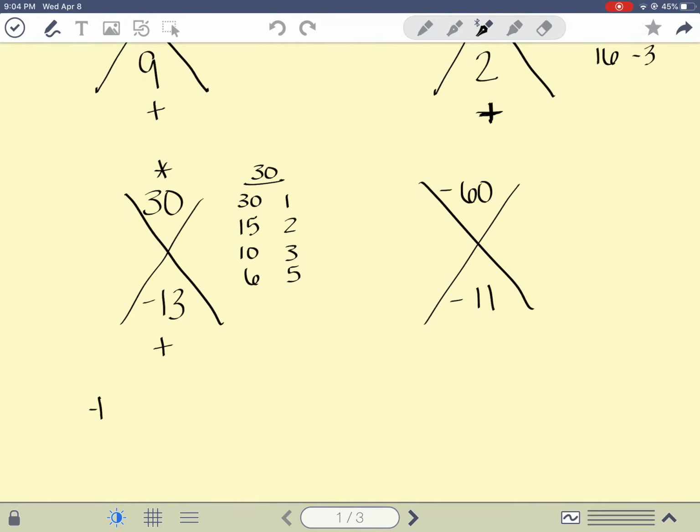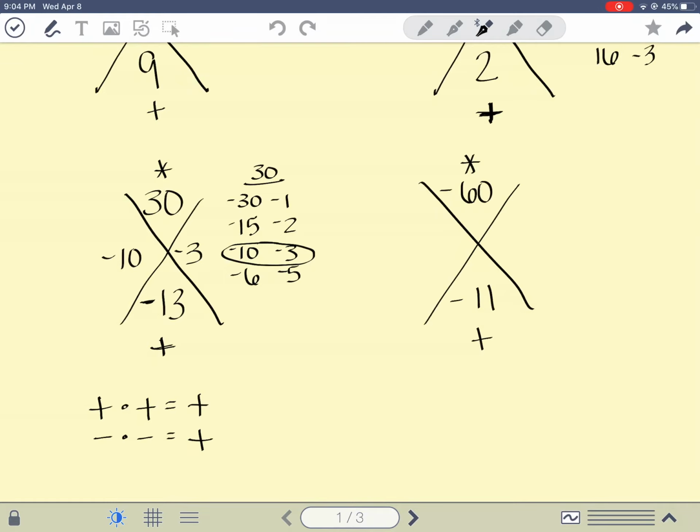All right, so there's two ways of multiplying to a positive. I can either do a positive times a positive, which gives us a positive, or a negative times a negative, which gives me a positive. Now, if I'm adding to a negative number, that means both of my numbers are going to be negative. So if I look, my negative 10 plus a negative 3 is going to give me my negative 13.